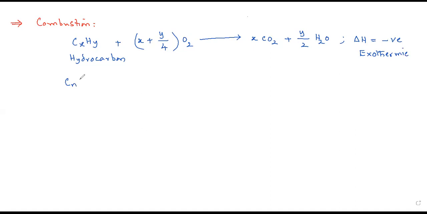Now, if the same thing is applied to alkane, it becomes this. In this case, x is n and y is 2n plus 2, or 2 of n plus 1.